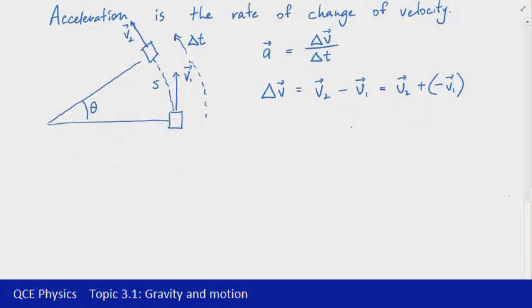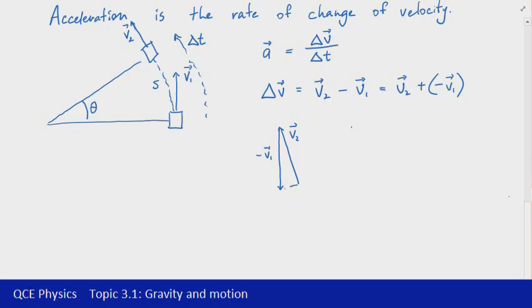So if we were to consider the velocities and the vectors that we're dealing with, v2 would be in that direction, so that slightly angled one, and the vector negative v1 is going to be the same length but coming back down. So v1 was up, so negative v1 is going to be down.